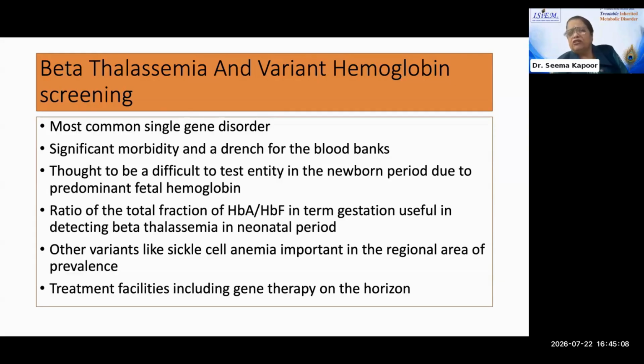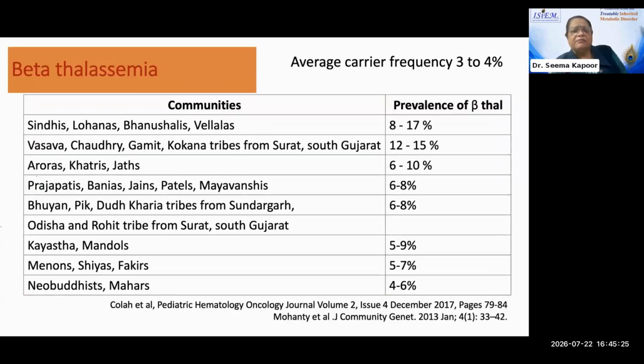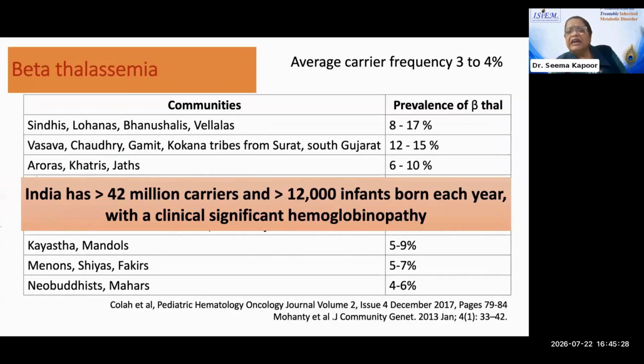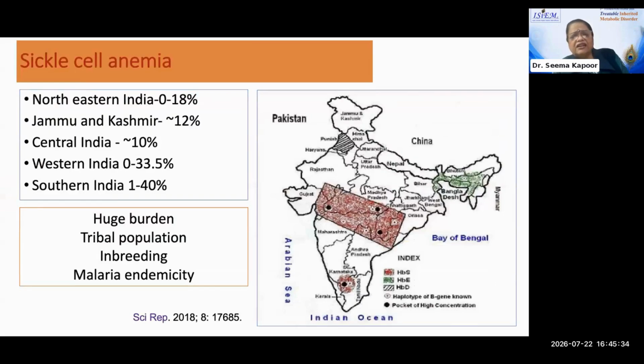And then you can do a molecular test on the same filter paper and see how easily you can pick up beta thalassemia on a dried blood spot specimen, right? Now, beta thalassemia is very common. I don't want to repeat how many babies are born every year with thalassemia.